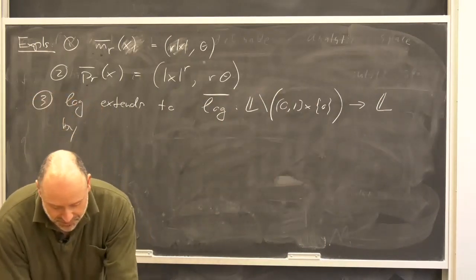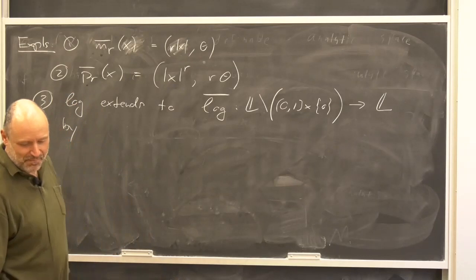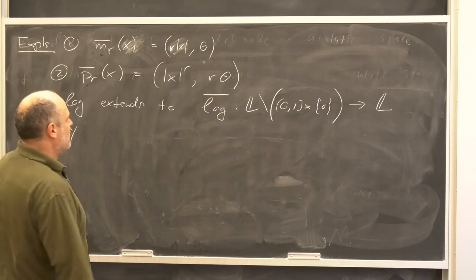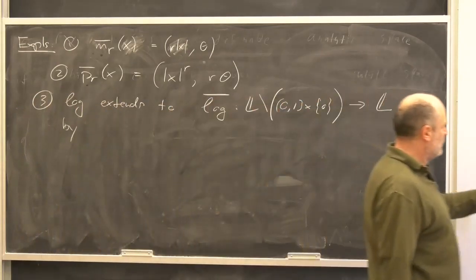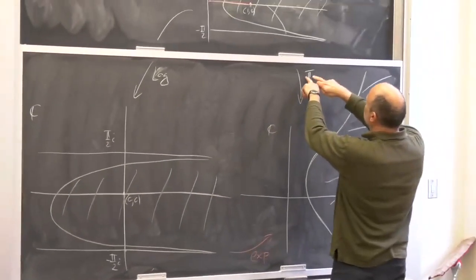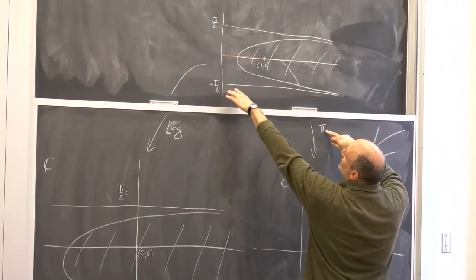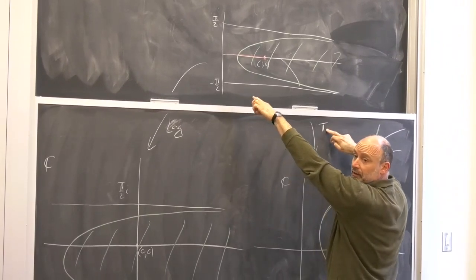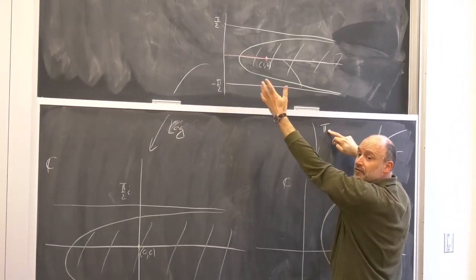You just look at these charts. To make this definition precise, if I restrict pi to the strip where the argument is between negative pi and pi, it's injective.